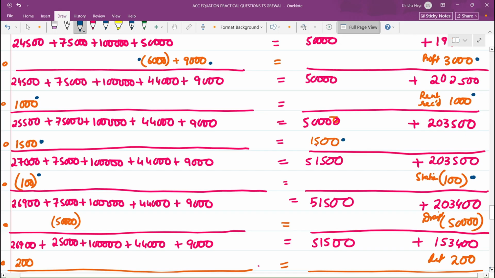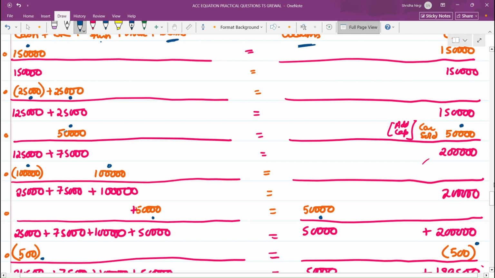Your cash is just 26,900 and you have to deduct 50,000. You cannot deduct from here, so you will deduct from cash at bank, because 75,000 is there. And at the same time this 50,000, which is like a drawing, will be deducted from your capital. Okay, so you have to be very careful.